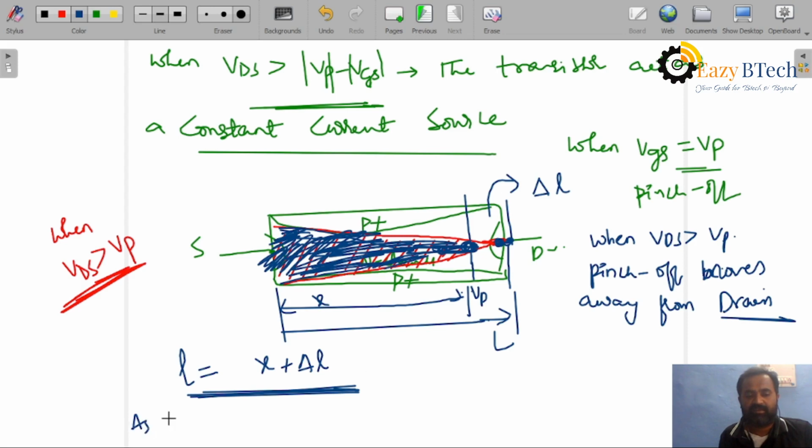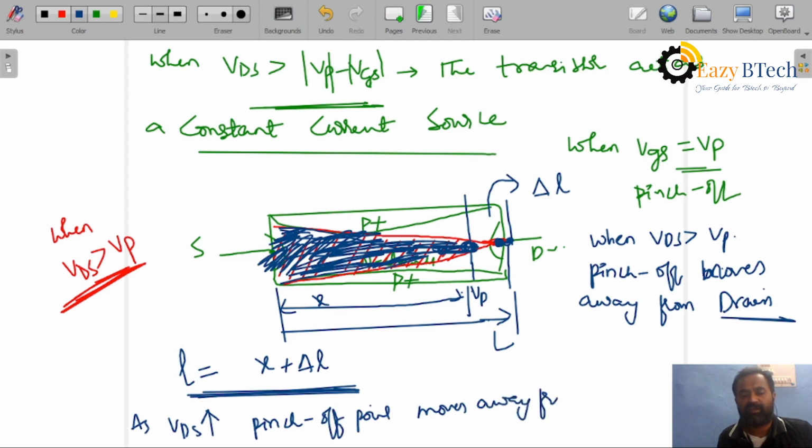As VDS increases, the pinch off point moves away from the drain. That is known as channel length modulation.